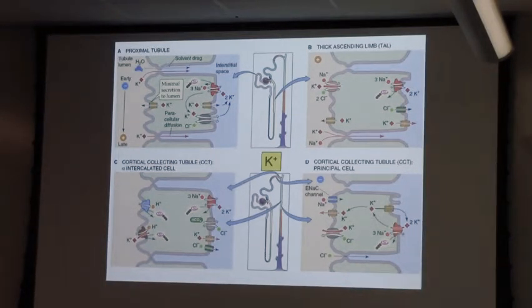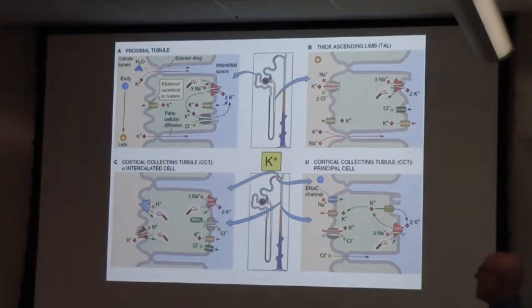So the reabsorption of sodium is inhibited. More sodium diuresis, more water diuresis, that's good. And you also understood, if we inhibit this, less potassium reabsorption, more potassium excretion, potassium wasting. That is a legitimate answer.